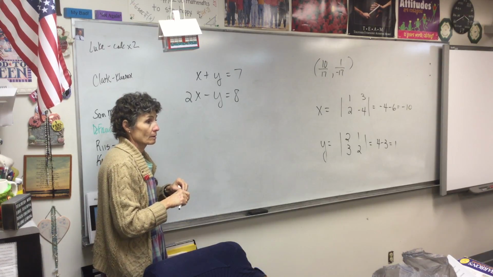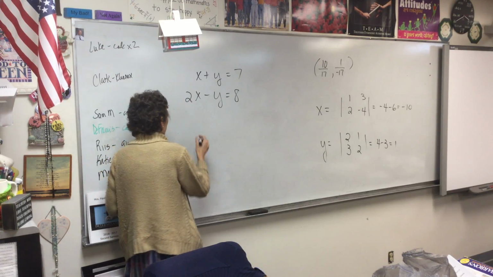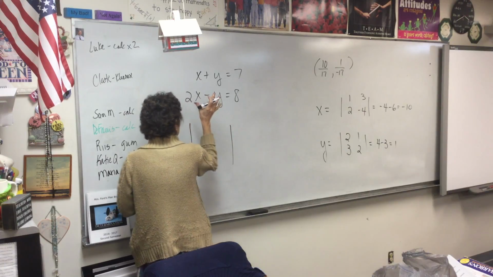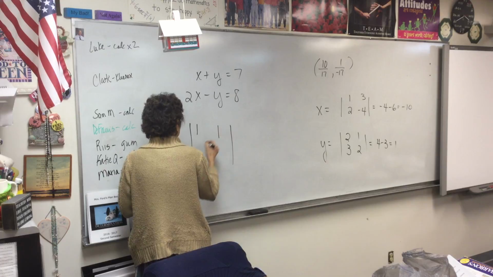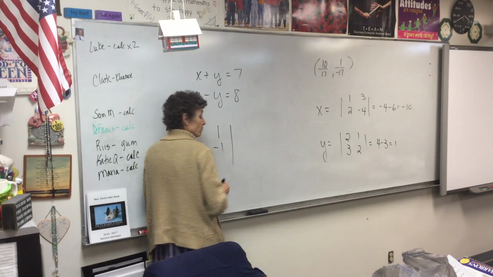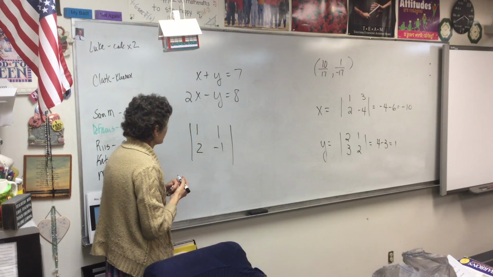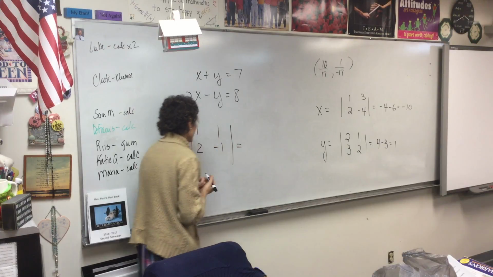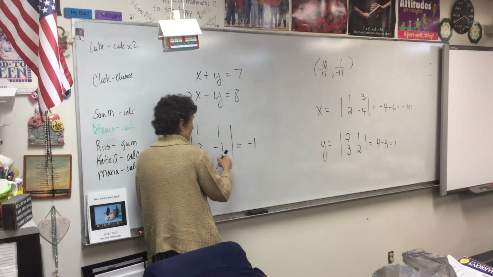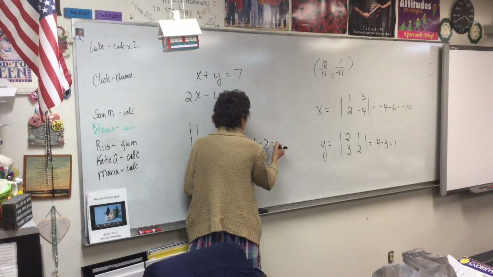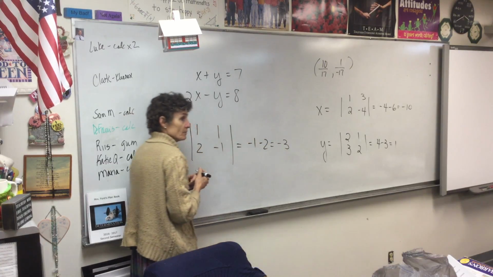You have to make the determinant of just the coefficients. So 1, 1, 2, negative 1. So I have to figure that out. That would be negative 1 minus 2, which is negative 3.